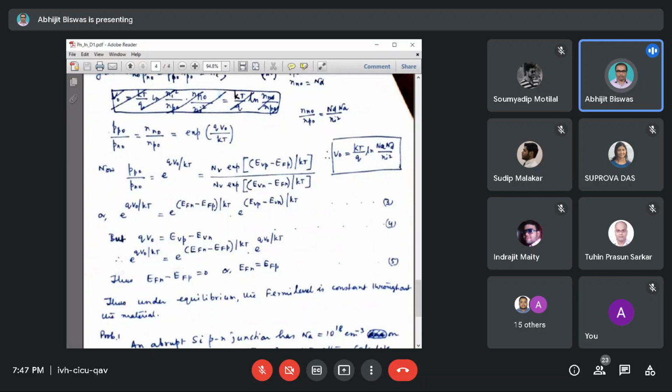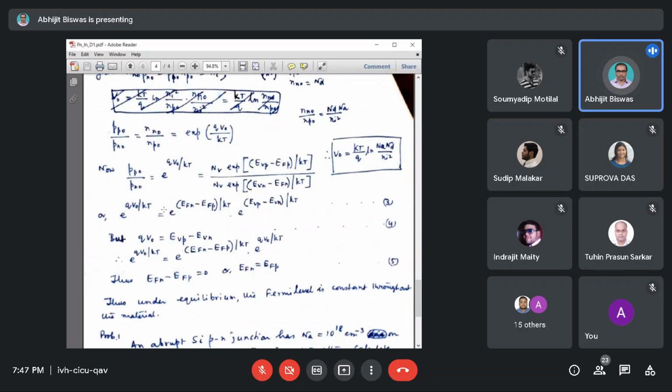What would be the doping concentration on the P side or N side? It will be given in your problem. By knowing this doping concentration, you can easily compute the value of contact potential. If you know the contact potential, you can also find the depletion width of the depletion region on both sides of the P-N junction. So it is very simple and interesting.